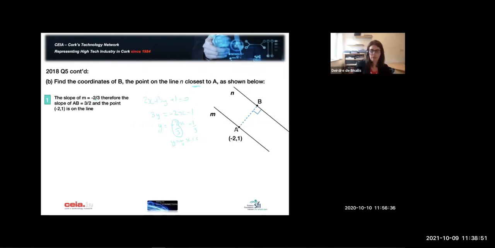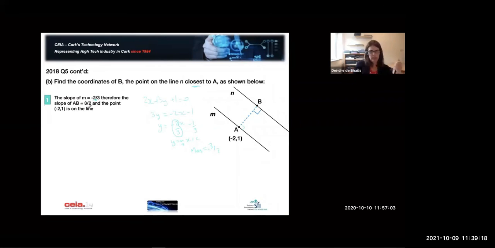And so we know that AB must be perpendicular to m, because we have a right angle here as well. If it's perpendicular, then the slope of AB must be equal to, turn this upside down, and changing the sign gives me a plus. So that gives us the slope of AB.